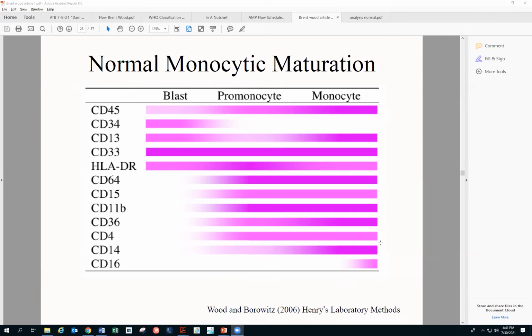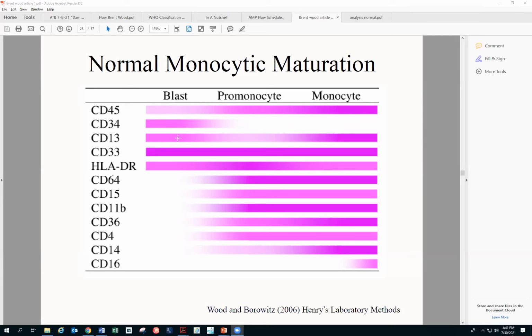Let's see what the monocytes are doing here. CD45 is getting brighter in the monocytes. CD34, as we saw, is already dim in the monocytes, and it is lost in the promonocyte and monocyte stage.